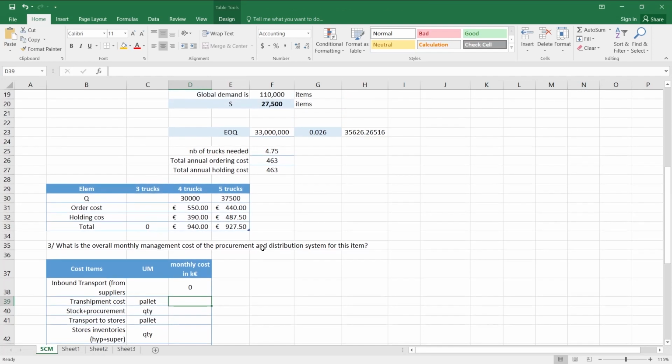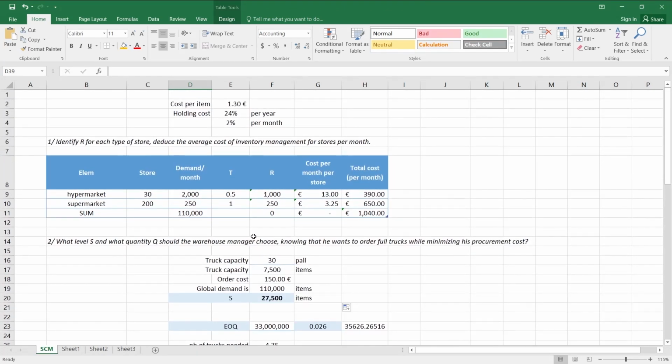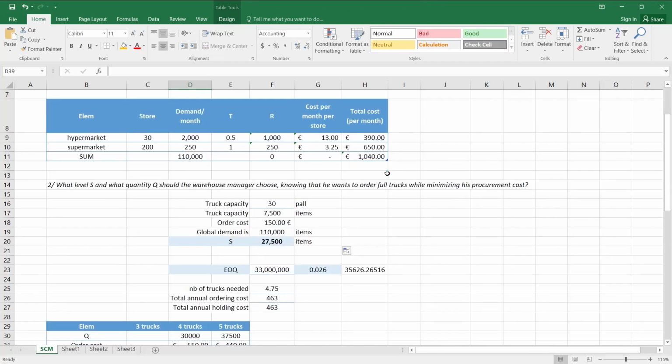Okay, now that we have computed our average cost of inventory management for all the stores that we are running, for the 30 hypermarkets and the 200 supermarkets, we come up with a monthly total cost of 1,040 euro.